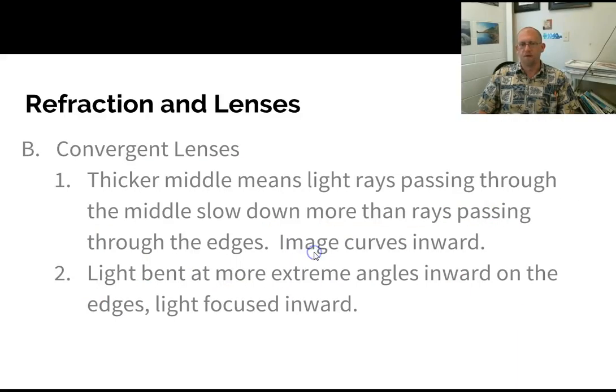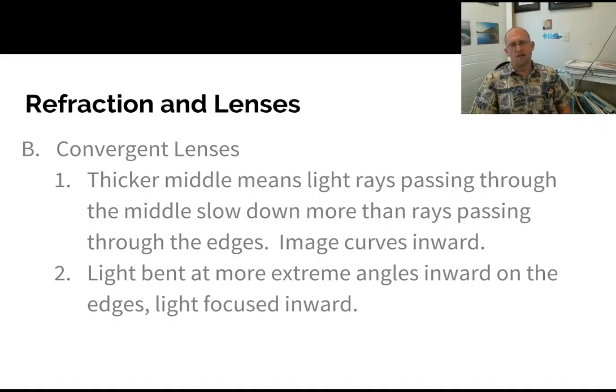Okay. Converging lenses are thicker in the middle, as you just saw, and that means that the light rays passing through slow down more in the middle, and so it bends the wavefront in towards the focal point. That's one way to think of it: if you have a flat wall of light, when it hits the lens, the edges keep going a little bit faster and the middle slows down more, so it winds up cupping, and then as it continues on, that will close down to the focal point.